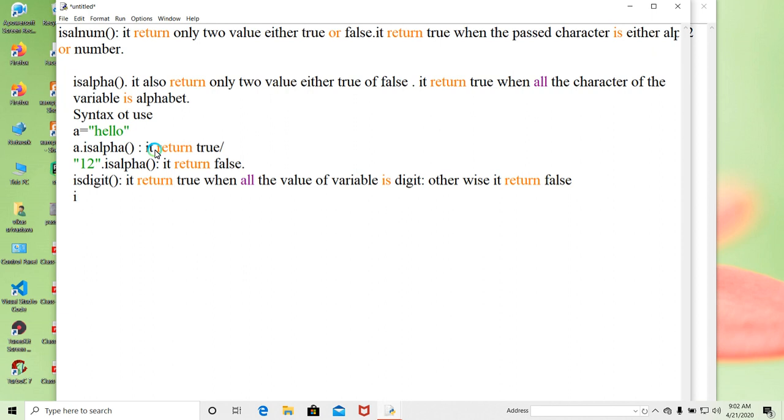Now we have another, isspace. It returns true when all the values of the variable are spaces, otherwise it returns false.